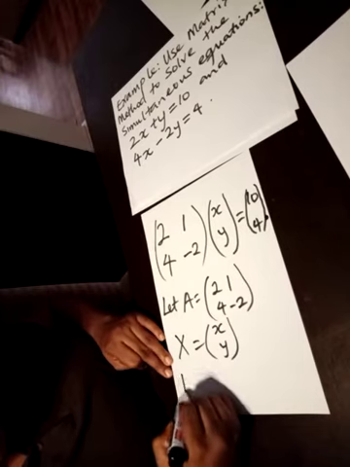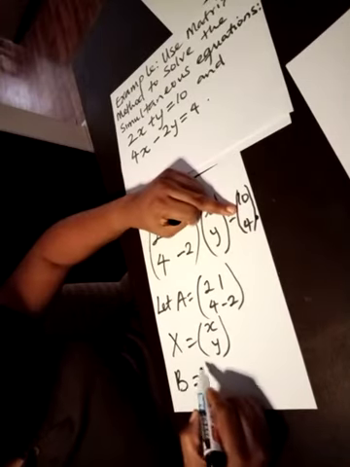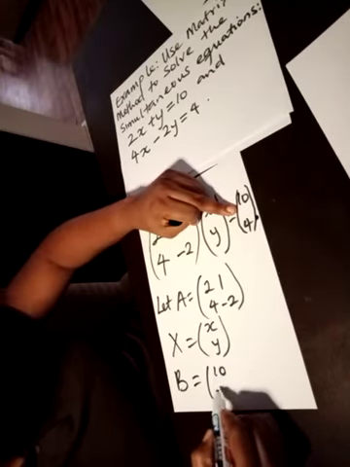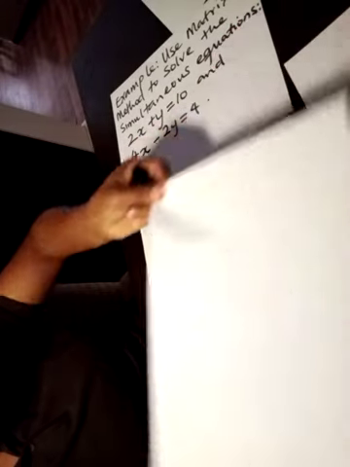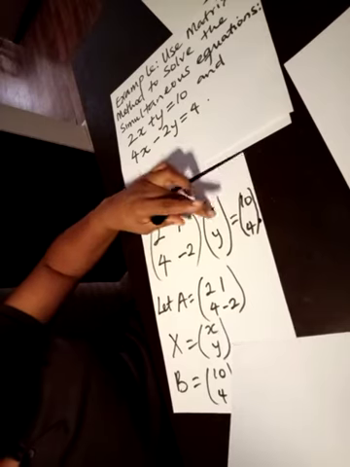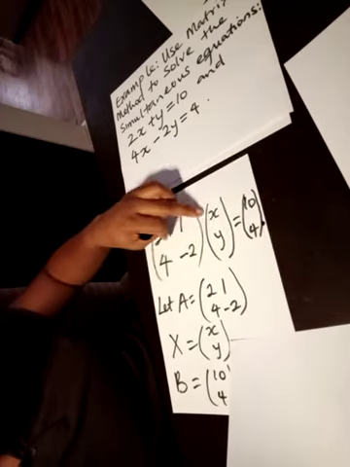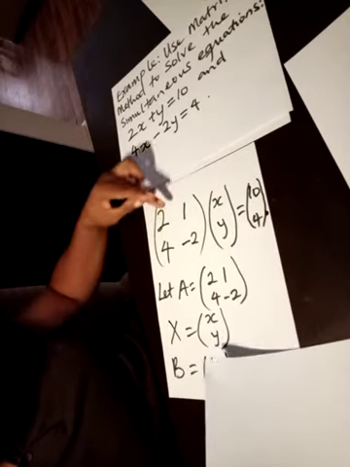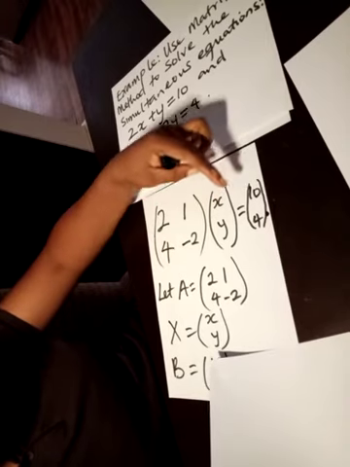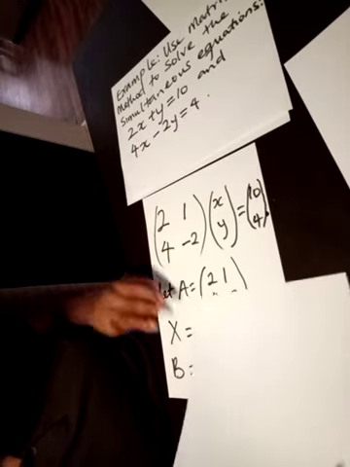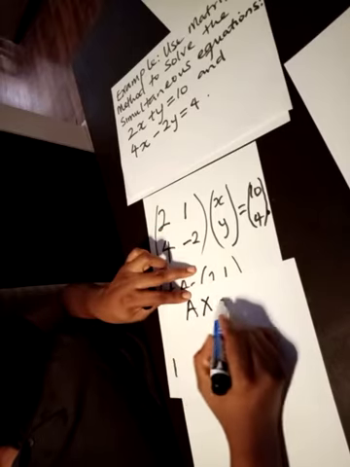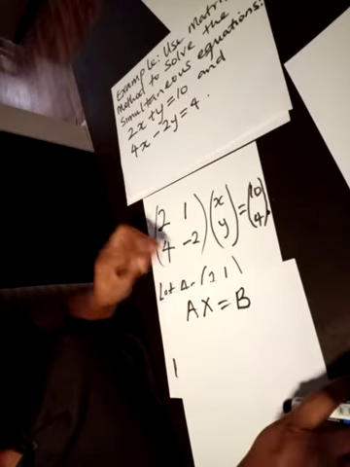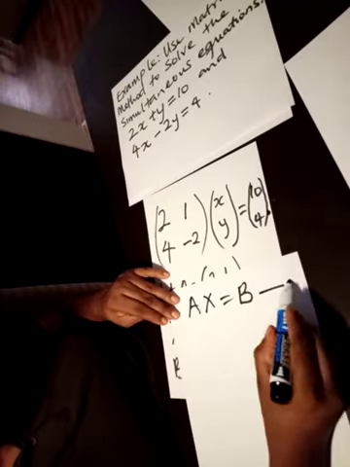Let B equal what we have as the right side: 10 and 4. So after that, if I say this is A, this is X, and this is B, that means I'm going to have AX equals B. Do you see that? So let me take that one as equation 2.